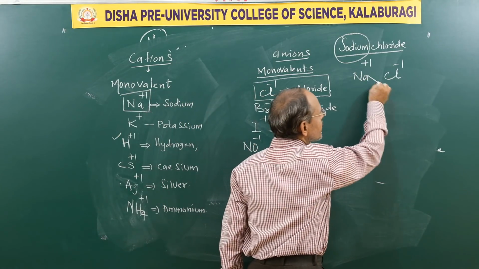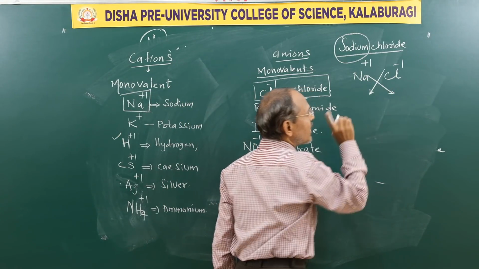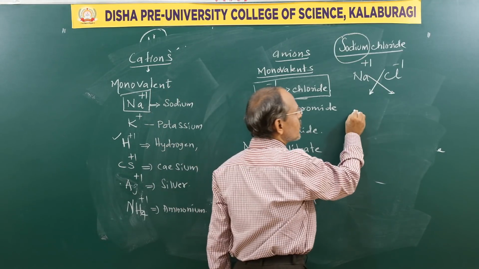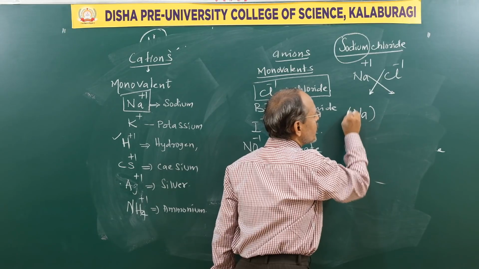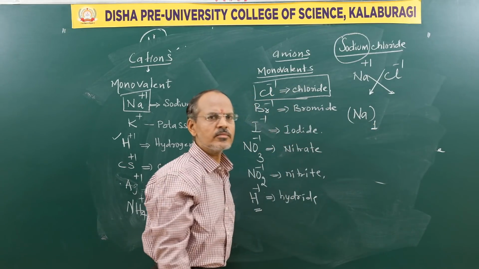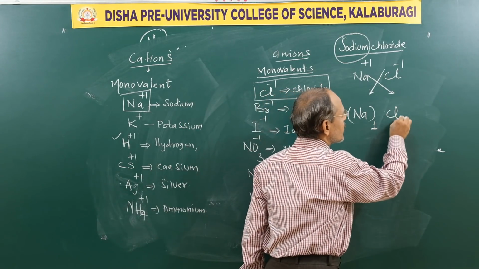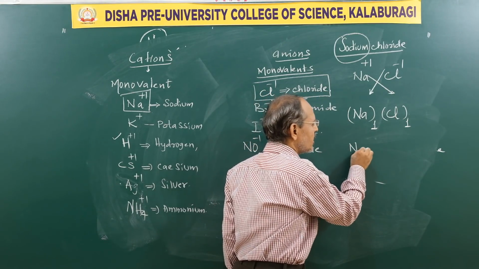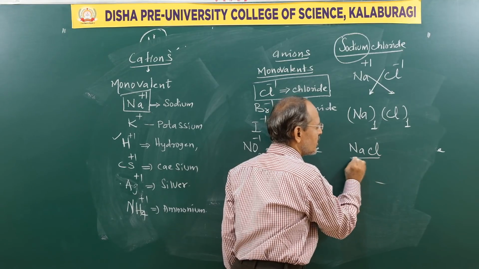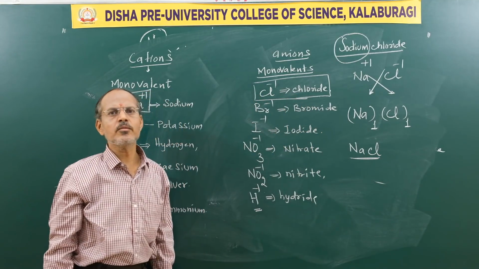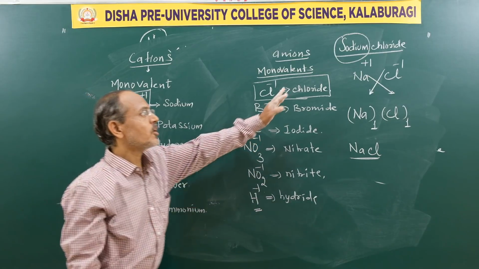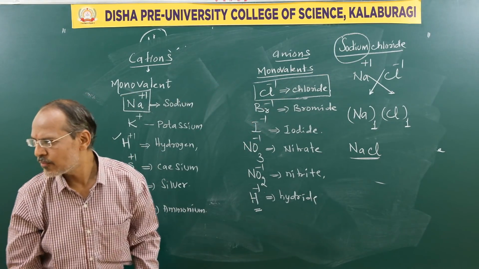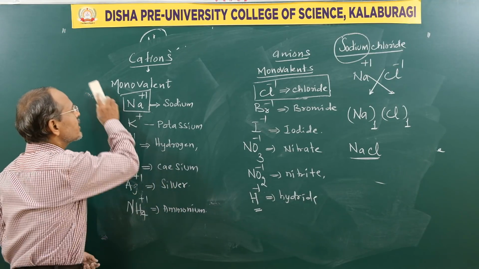Then exchange the valencies, not the charge, exchange the valencies. So here Na, how many times? 1 time. Chlorine, 1 time. Now the formula becomes NaCl. Then what is the formula of sodium chloride? It is NaCl.